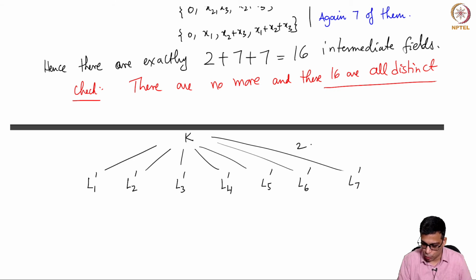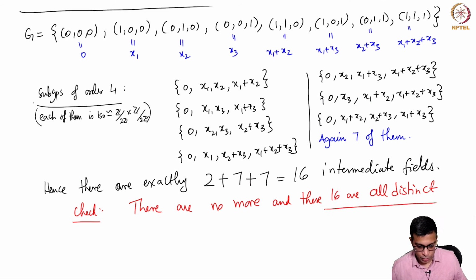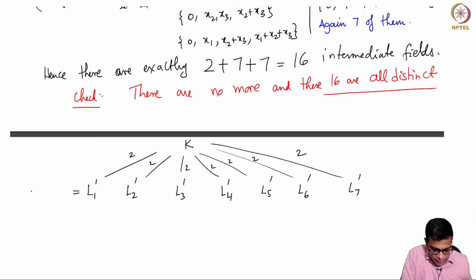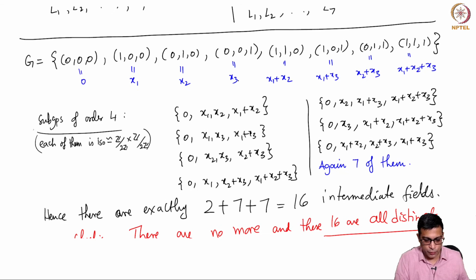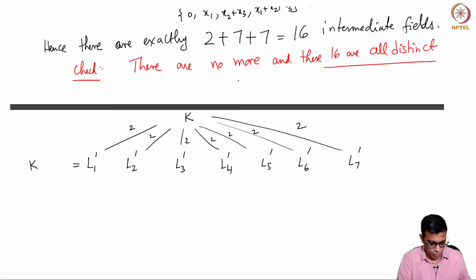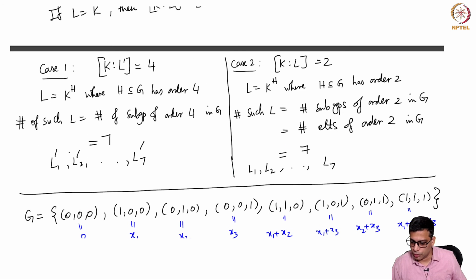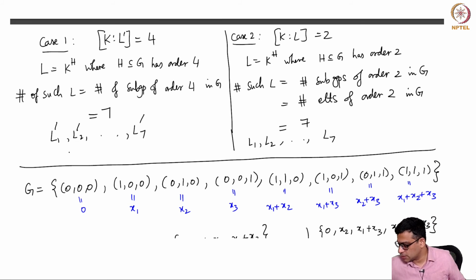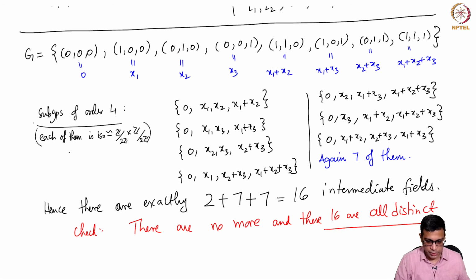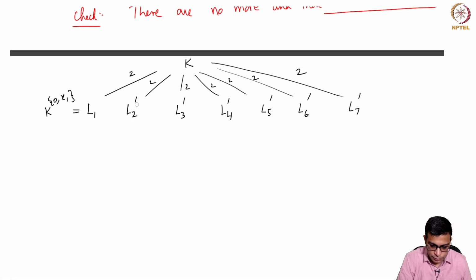So these are all 2. But now, L1 prime, let's say, is the fixed field of the first order 2 group we take. Let's say 0, x1. So this is L1 prime. This is without prime.